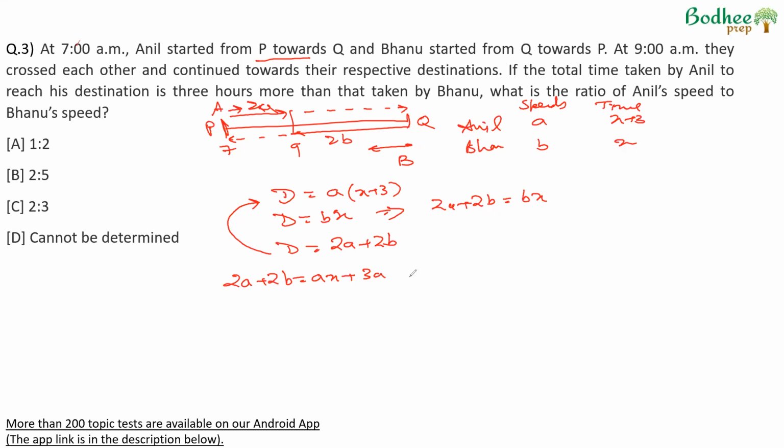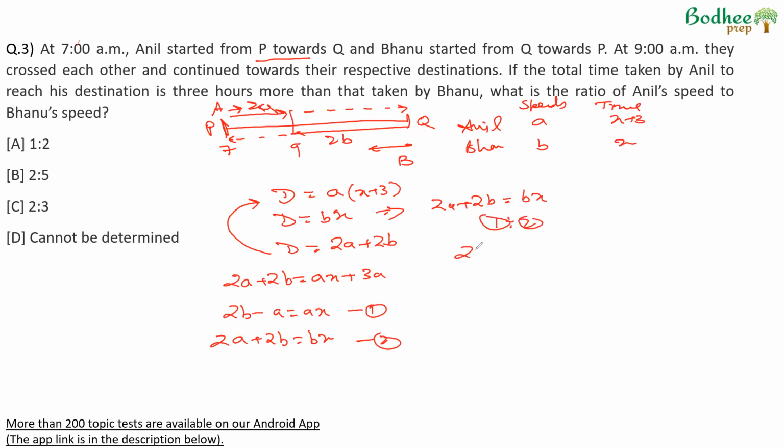What we can do is we can write this, taking it here, as 2B minus A is equal to AX, and from here we know that 2A plus 2B is equal to BX. We divide these two equations, 1 divided by 2.